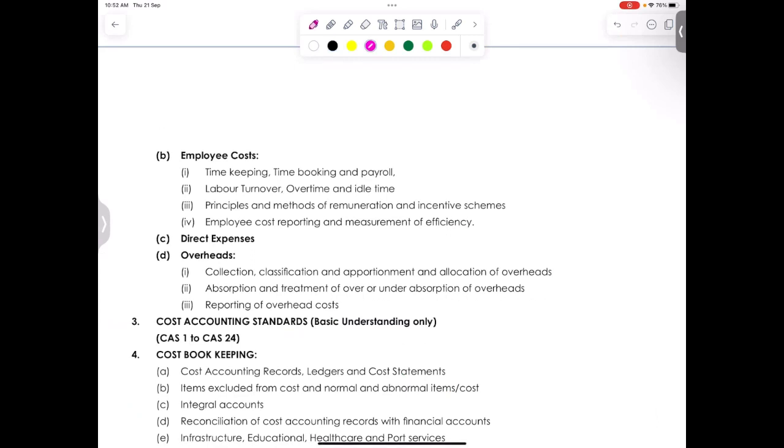So in the next session, we will cover the revision of employee cost along with the overhead topic. The next session is very crucial from your examination viewpoint. Please join us on that scheduled date. We will cover employee cost in approximately 40 minutes, and then in the remaining 80 minutes, we will cover the lengthy topic of our subject, paper number 8, that is overhead.